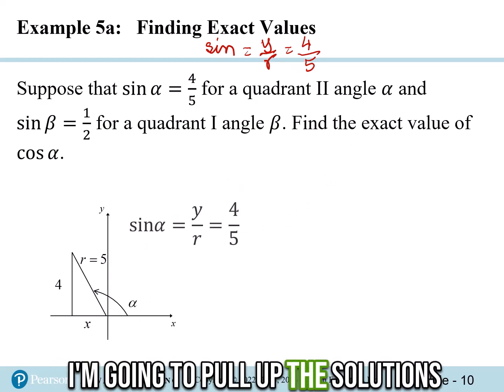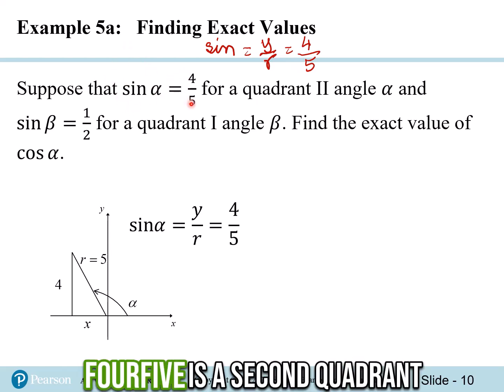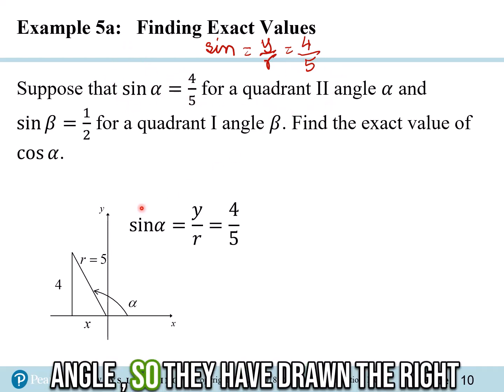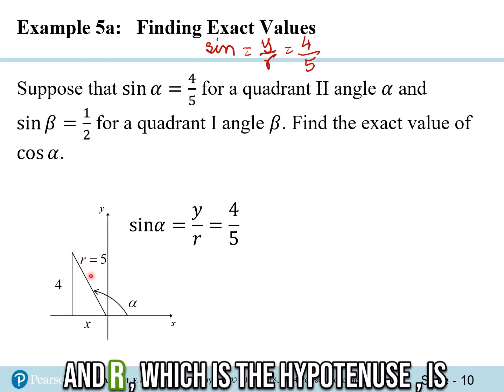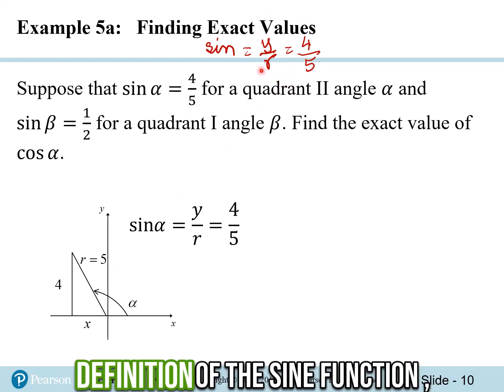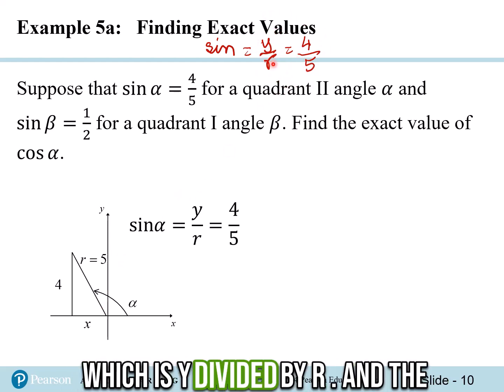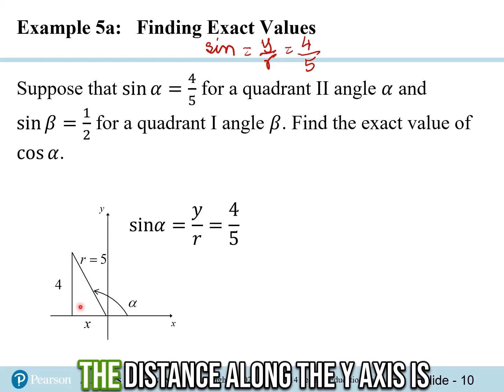I'm going to pull up the solutions here. See, sine of alpha equals 4/5 is a second quadrant angle. So they have drawn the right triangle in the second quadrant, and r, which is the hypotenuse, is 5. We know that from the definition of the sine function, which is y divided by r. And the vertical distance, the distance along the y-axis, is 4, correct?